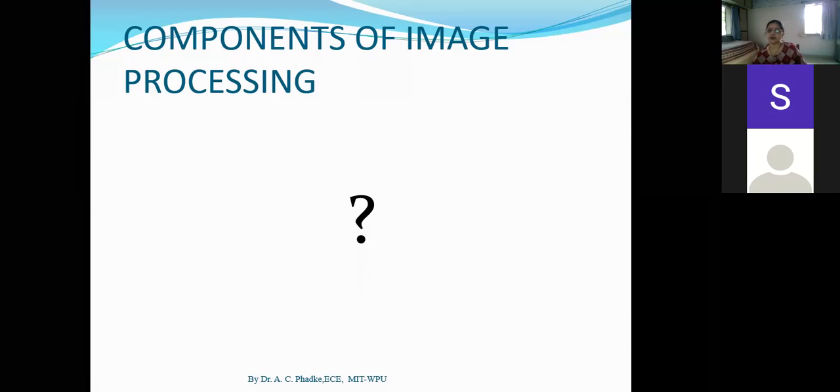So can anybody tell me what are the main basic components to implement this face recognition system, or what are various modules required for this face recognition system or any other image processing system? Please guess what might be the various components of the system, and type it in the chat box.